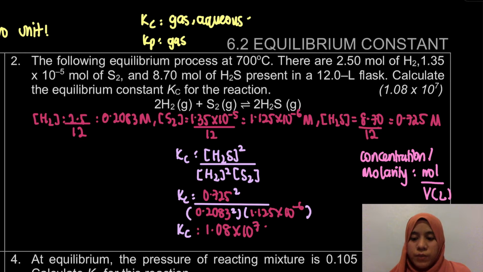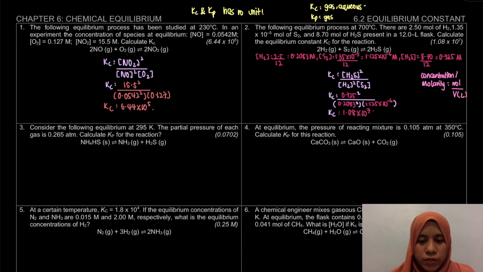And then, if you do not get the answer, it is either you wrote your equilibrium constant wrongly, or you made a careless mistake with the square. Make sure you square at the right place. Then you will get the answer. Okay, question 3 and 4, I believe you could try it yourself. So now let's look at question 5.